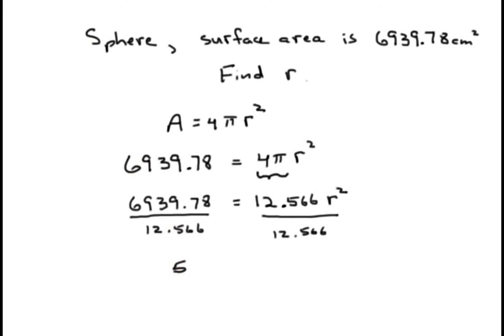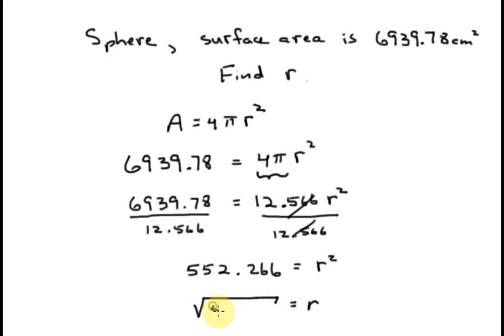And when I did that I got 552. This is a little bit messy. Let's clean that up a bit. 552.266. And that equals r squared, because these have canceled. So to figure out r, all I've got to do is square root this number.